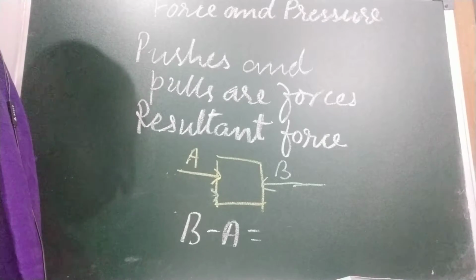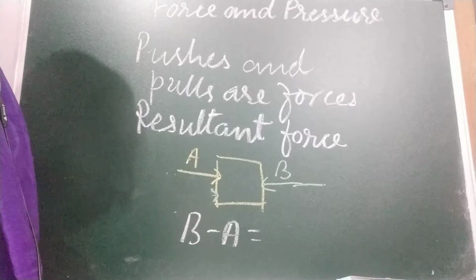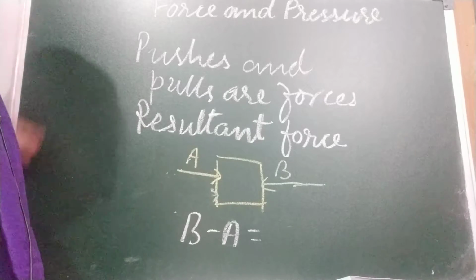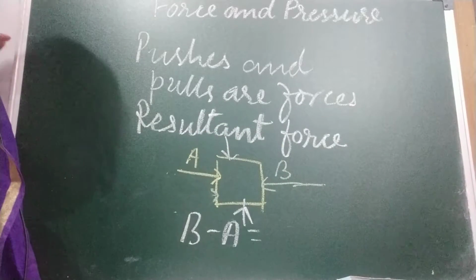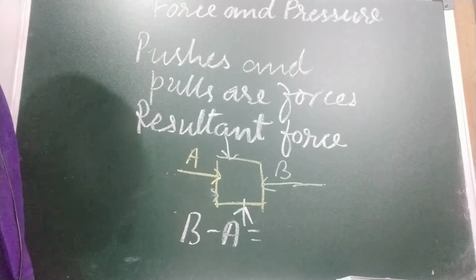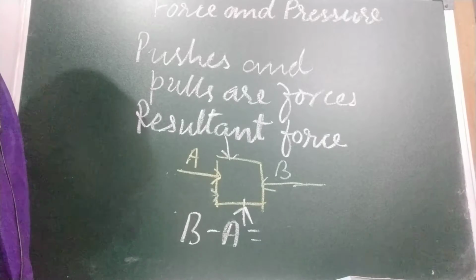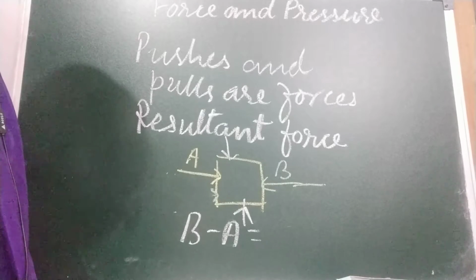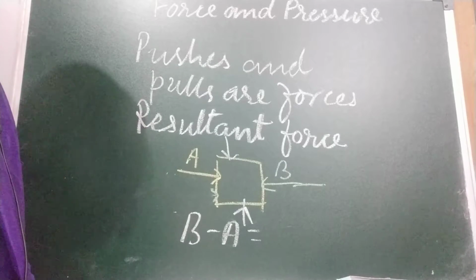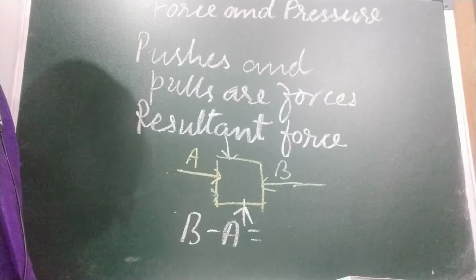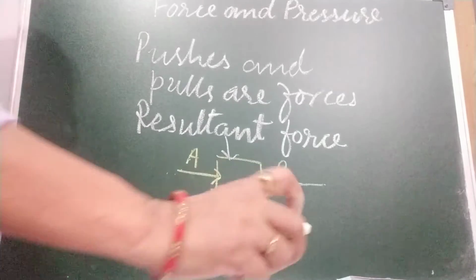Now children, what about a situation when two or more forces act on a body in different direction? Okay, when two or more forces act on an object in different directions, the effect on the object is due to the magnitude and direction of the net or resultant force acting on it.